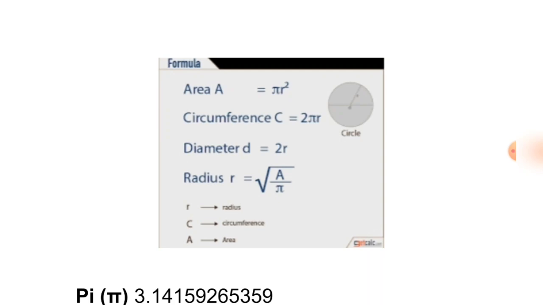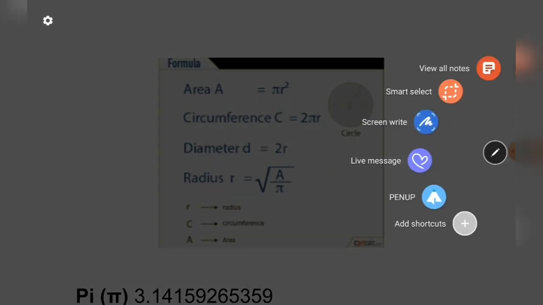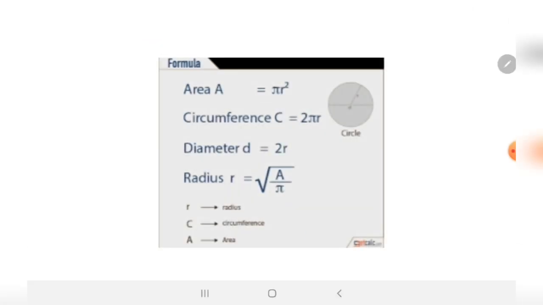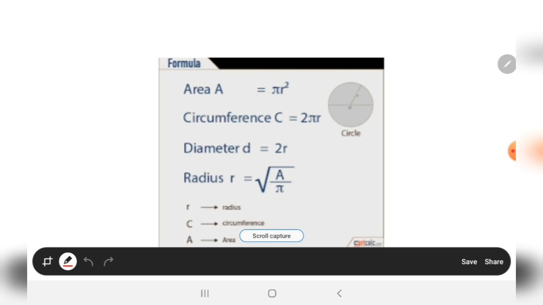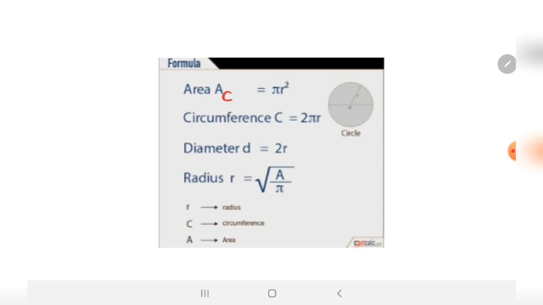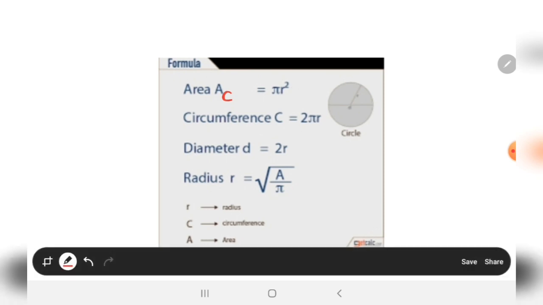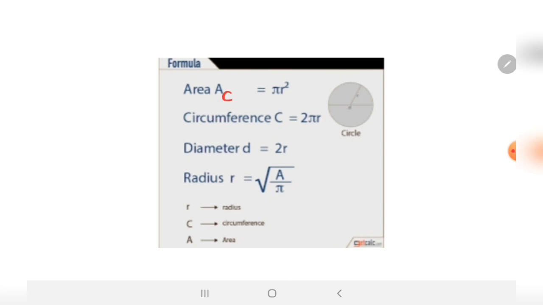Okay, next, the formula for getting the area of the circle is area equals pi r squared, r meaning radius, and then squared. If you want to get the circumference, circumference equals 2 pi r.